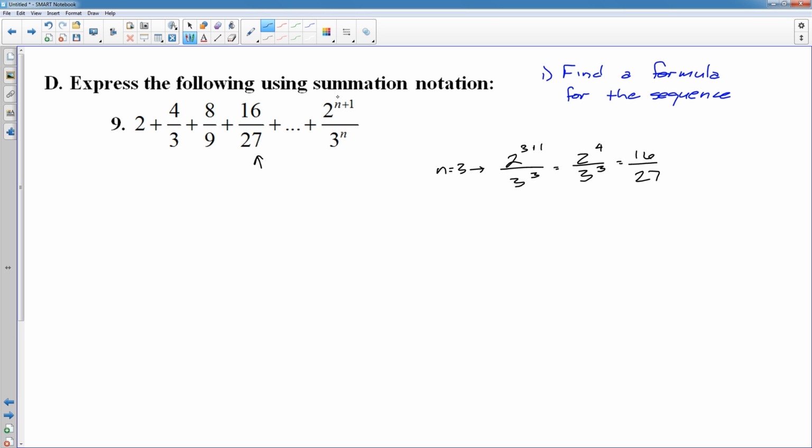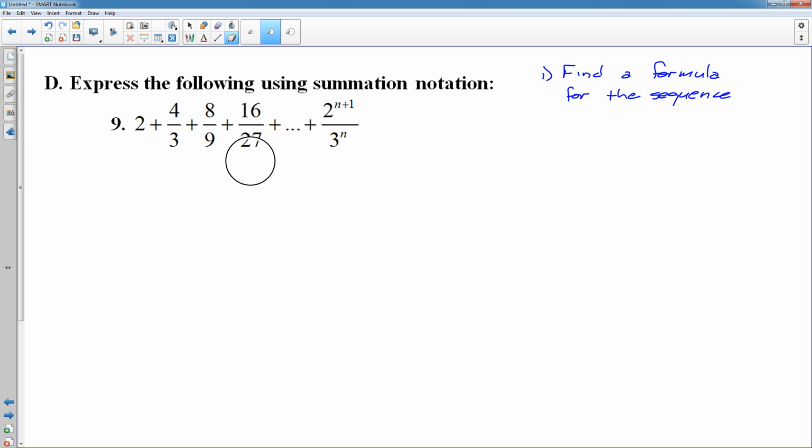So what I've done at the end is I've told you what the formula is, which makes this problem a little bit easier. So my formula is 2 to the n plus 1 over 3 to the n. So I know it's going to be the sum of 2 to the n plus 1 over 3 to the n. And so I have my formula, and now the challenge is knowing where am I starting.